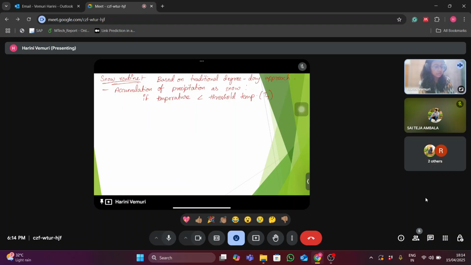So whatever precipitation is occurring, if the current temperature is less than this threshold temperature, then that means the precipitation is coming in the form of snow.